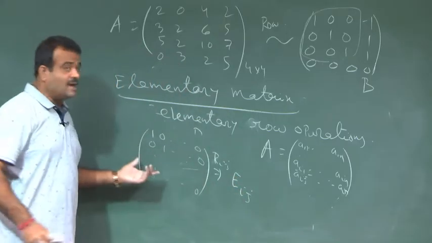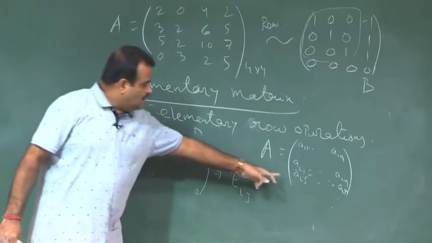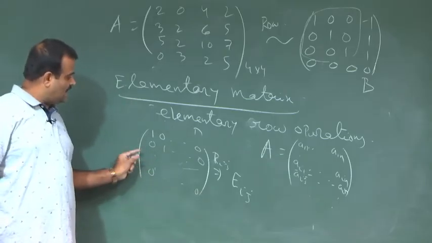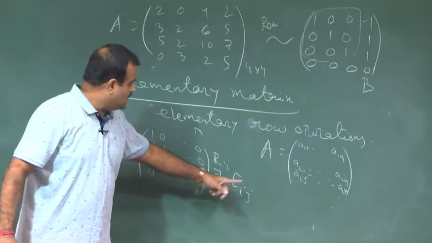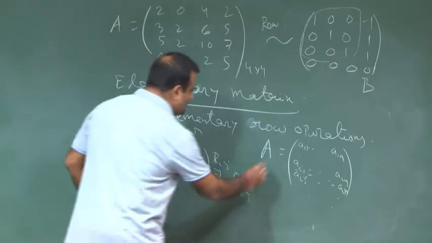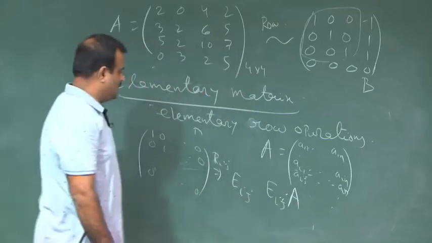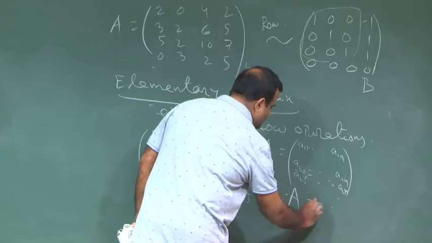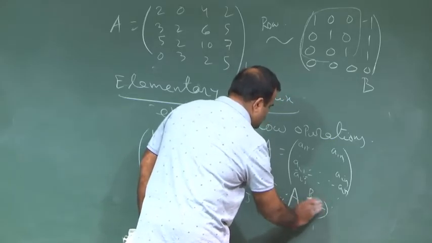So, E_ij means we take an identity matrix of the same order as the number of rows, and then exchange the ith row and jth row on it, and that becomes E_ij. Now, doing this operation is nothing but multiplying E_ij with A, which gives R_ij.